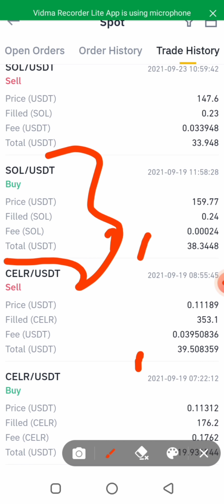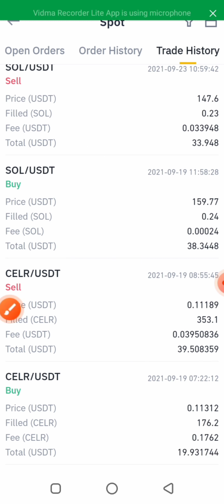Now you have this total cost. This one they wrote as total in USDT is the total cost. This total cost is what? 38.3448. Now we're going to do some calculation.